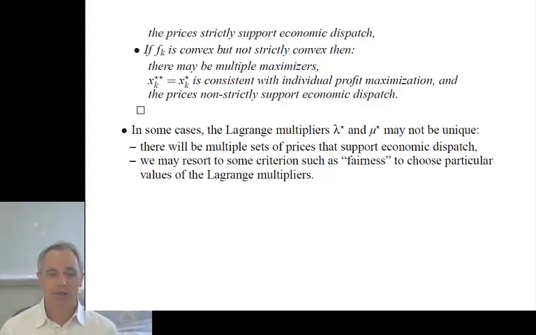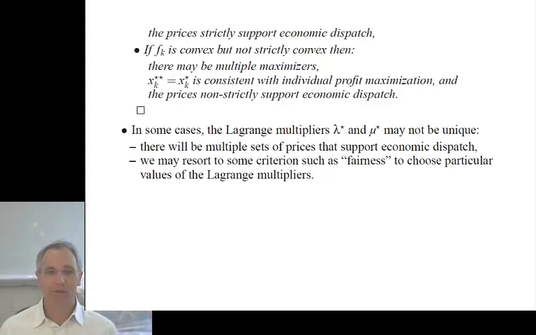In other words, the ISO value is consistent. Choosing the ISO optimal dispatch xk star is consistent with individual profit maximization, and in this case the prices support but do not strictly support economic dispatch.